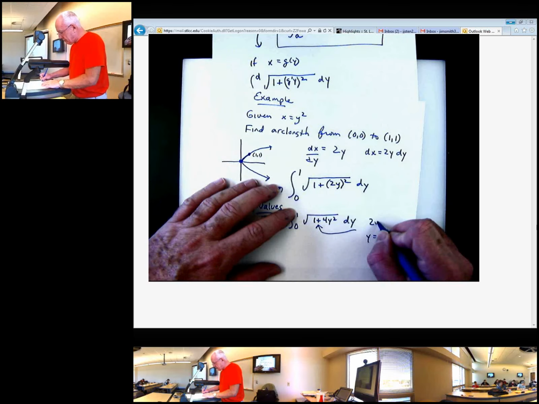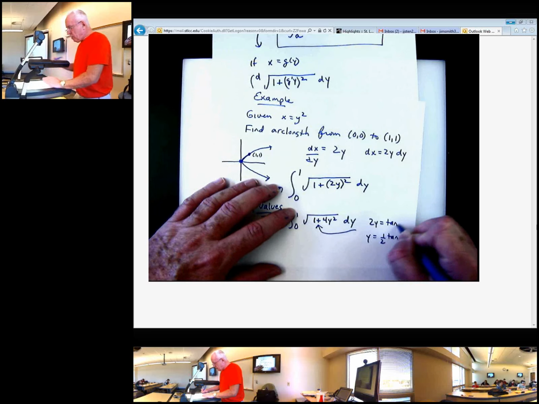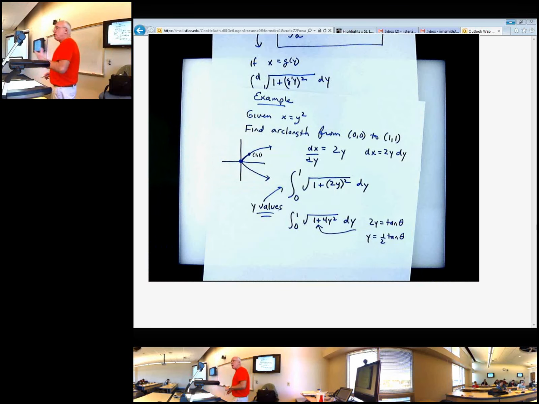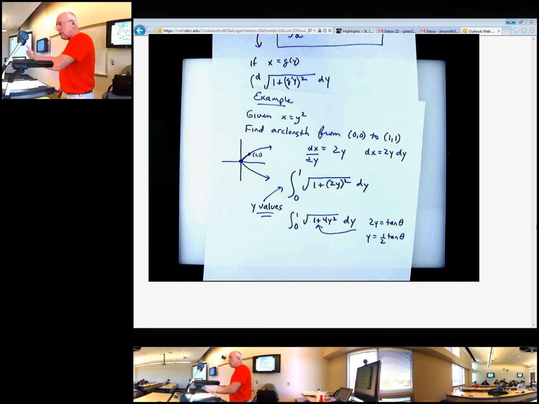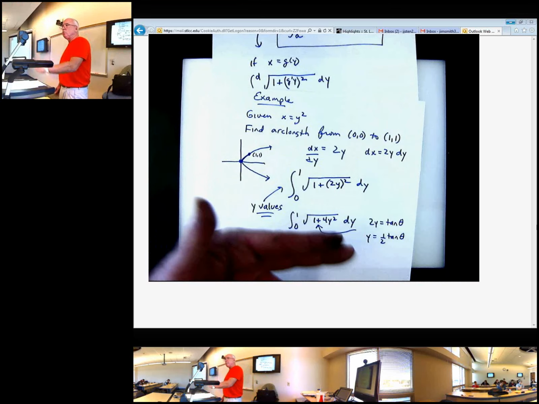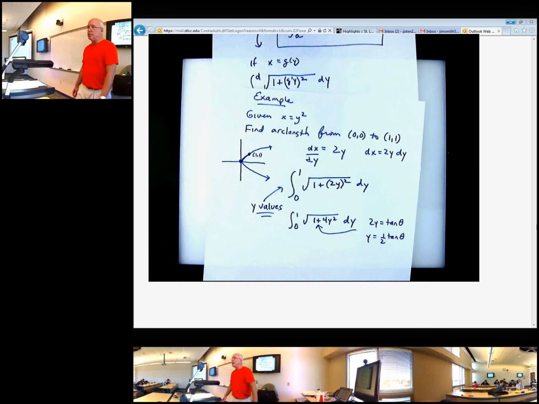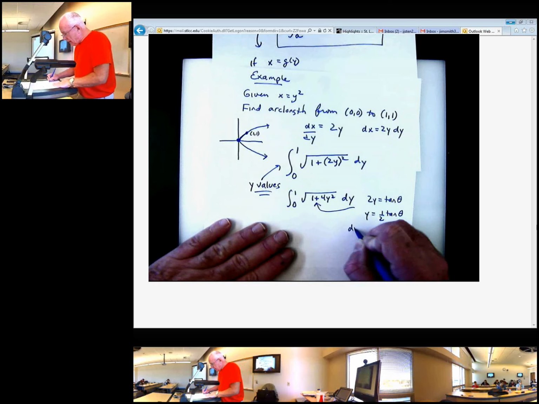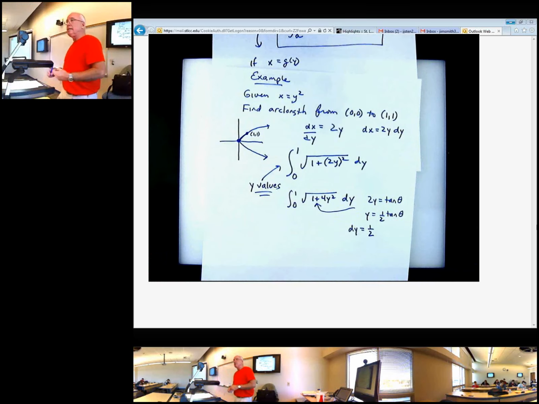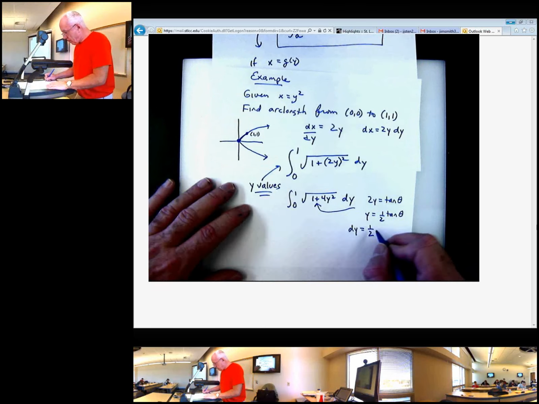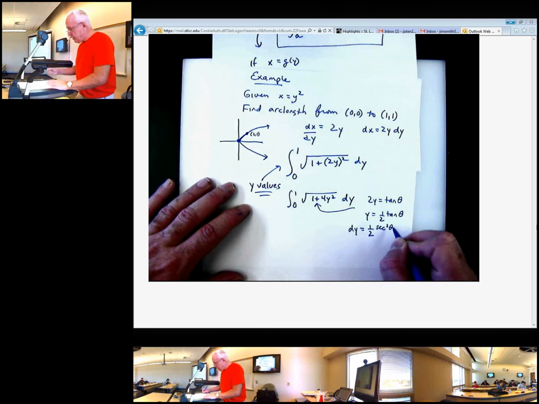We want to take that 2y, which is the square root of that one term, and set that equal to the tangent of theta. And equivalently, if we just divide by 2, set y equal to 1/2 the tangent of theta. And then we get our dy. dy then is 1/2 times the derivative of the tangent, the secant squared, and then we have our d theta.